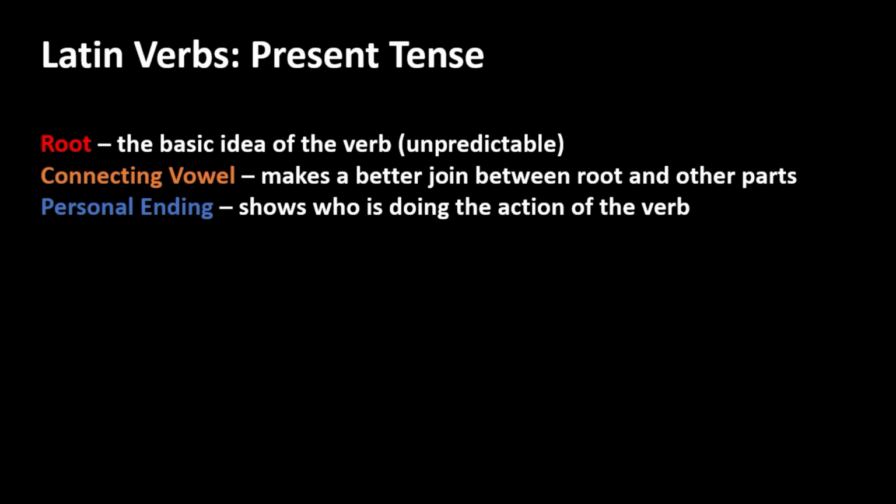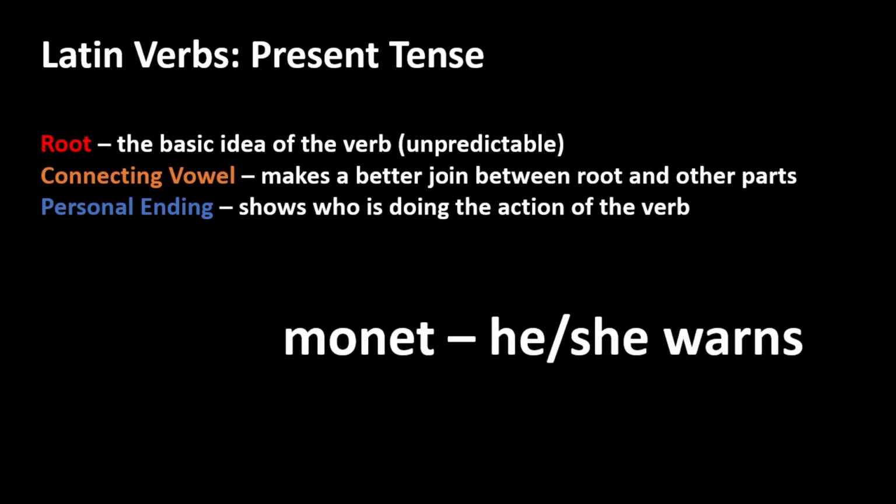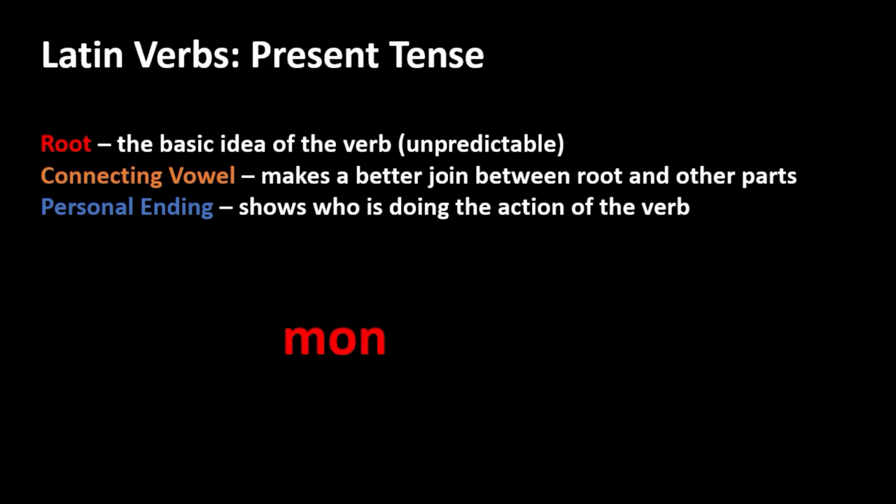Let us see how this mode of construction works with a regular verb. Let us take moneo, I warn or advise, or in this example, monet, he or she warns or indeed advises. This verb is made up as follows. We have the root, mon, and because moneo is a regular verb, this root never changes.